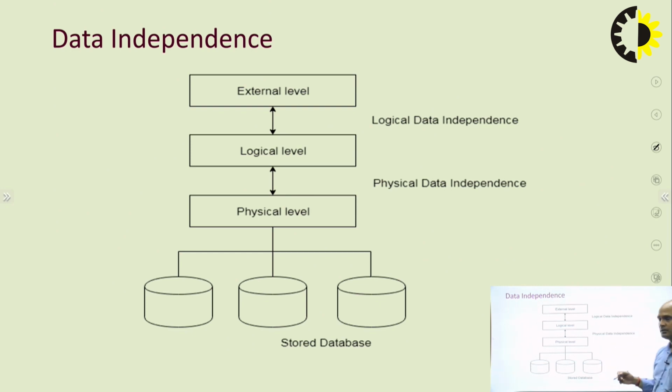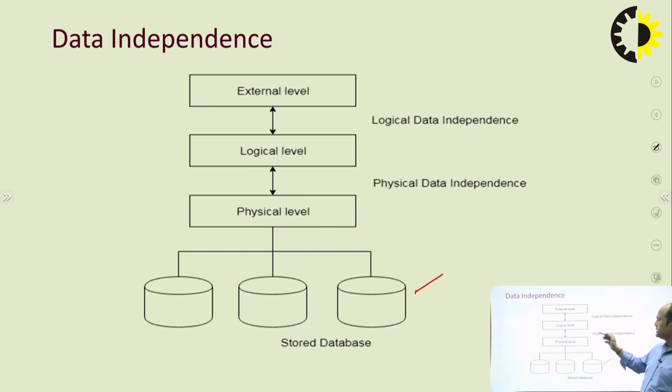This is the overview diagram of data independence. One is the external level, then the logical level, the physical level, and this is the particular database. Physical data independence occurs between the logical level and the physical level, and logical data independence occurs at the external level.